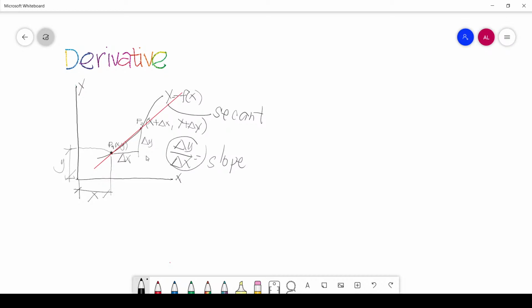So this is the rise, this is the run. So this is an explanation of slope in terms of a secant line. So how about if our delta x approaches 0? If the distance approaches 0, what numbers approach 0?